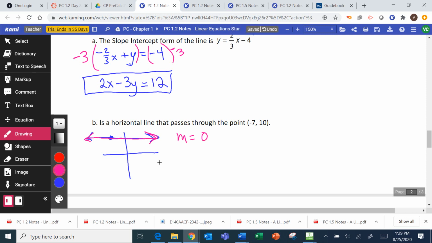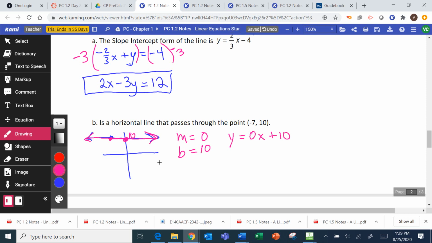And do we know the y-intercept? Do we know the y-intercept, Eva? 10, right, because it passes through the point -7, 10, so this has to be 10 right there. So if I know the slope and I know the y-intercept, I can put it into y equals mx plus b form. That's not the form I need it in, but I can put it in that form.